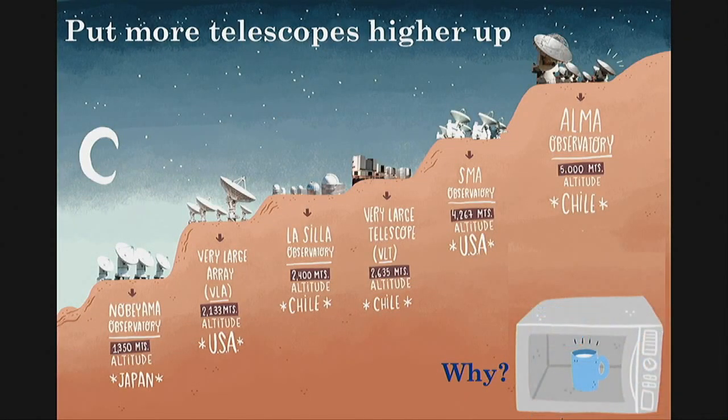So CARMA isn't shown here, but here you can see a bunch of different observatories. All of the things with the satellite dishes are these interferometry radio arrays. I just want to point out very quickly before we go on, the SMA, which is the second highest one here, which is on a mountaintop in Hawaii.